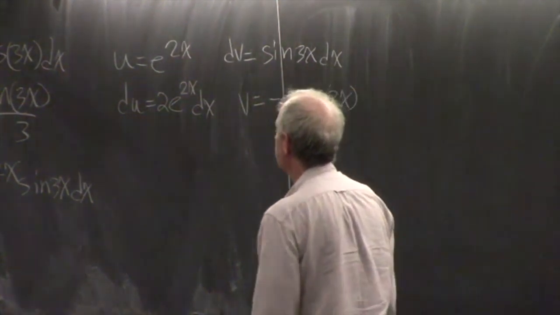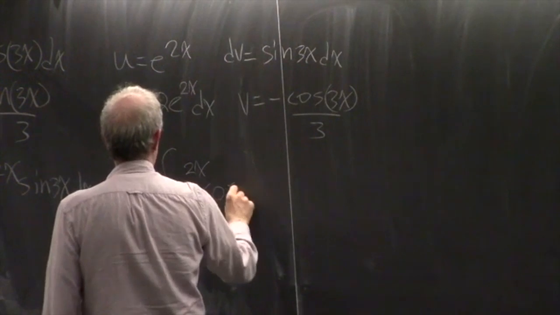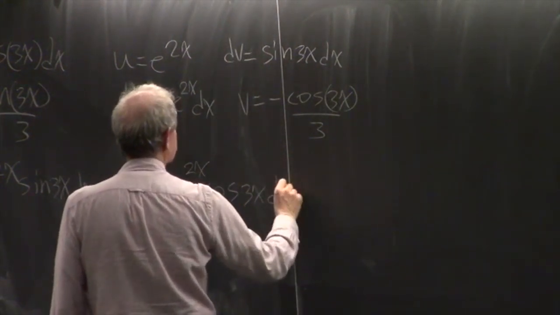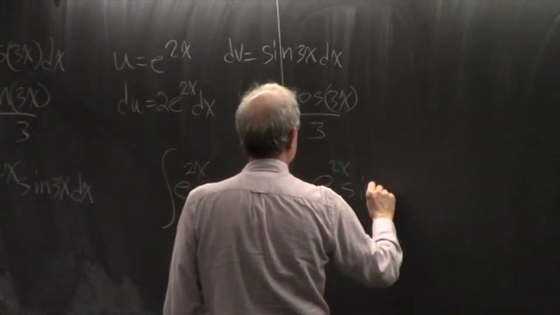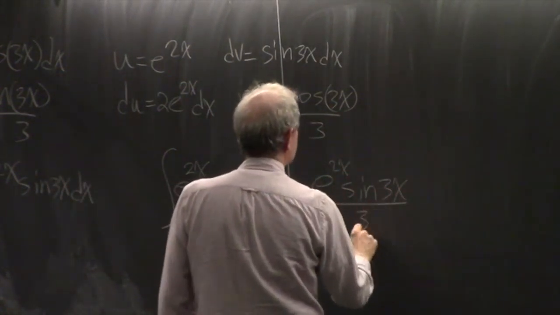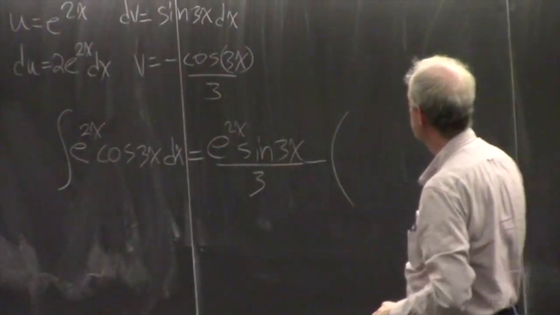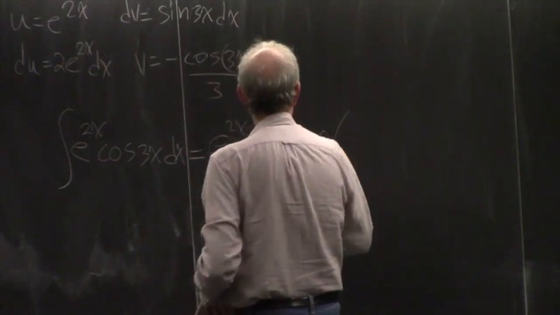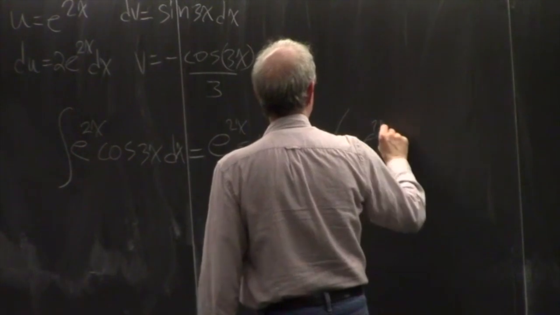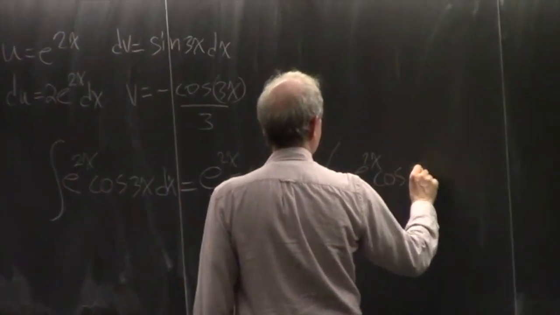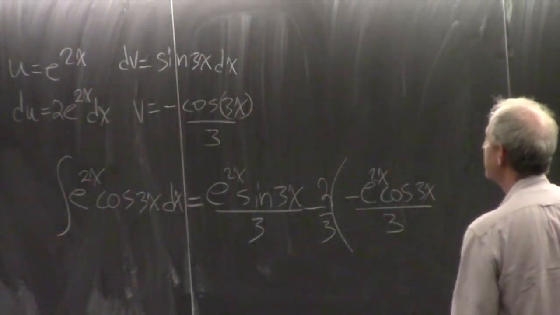So that means that our integral of e to the 2x cosine 3x dx equals e to the 2x sine 3x over 3 minus, now we have to integrate that 2/3 thing, 2/3 on the outside, u times v, which is minus e to the 2x cosine 3x over 3, minus the integral of v du.